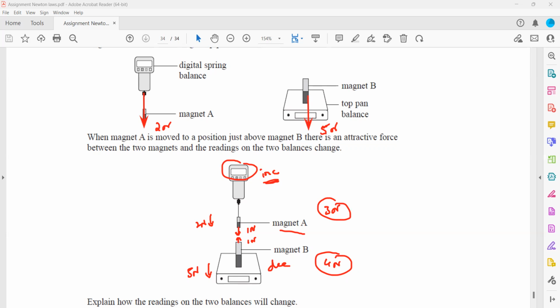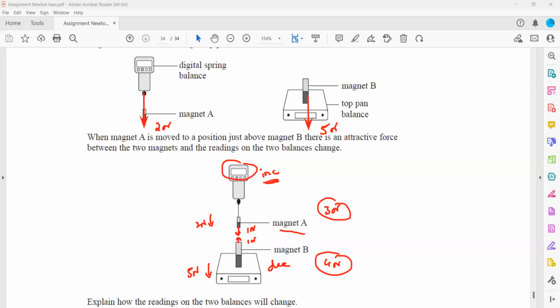the points which you should include. The first thing, according to Newton's pair forces, the two magnets apply the same equal force, opposite in direction. The reading on the digital spring balance will increase because there is a greater downward resultant force, the force of the magnet plus its weight.